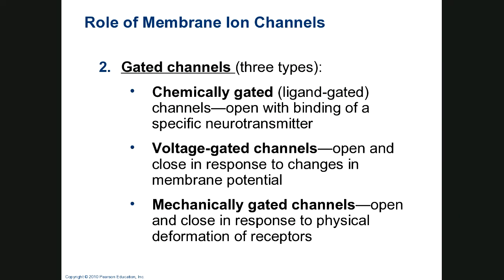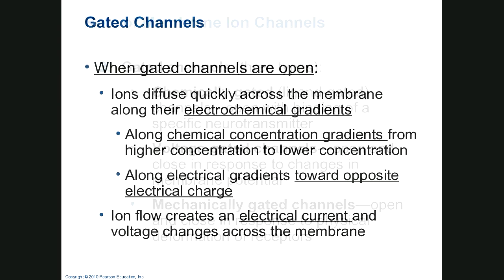Okay, now we have gated channels. Some are chemically gated, also ligand gated, and these open with neurotransmitters. Voltage gated open in response to an electrical charge, an action potential. And then mechanically gated open or close in response to changes to the actual receptors caused by these chemical or voltage gated channels.